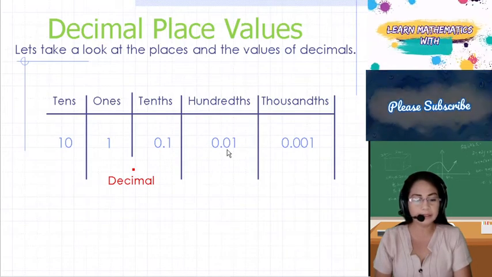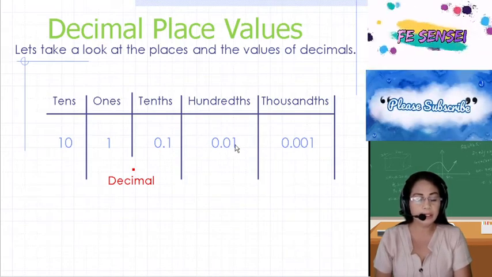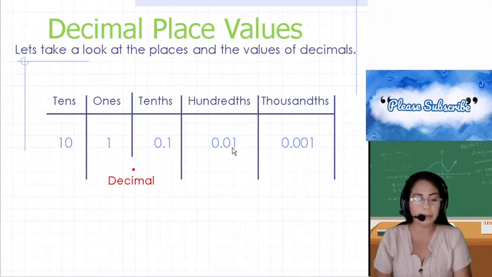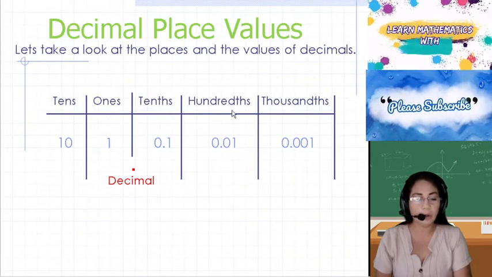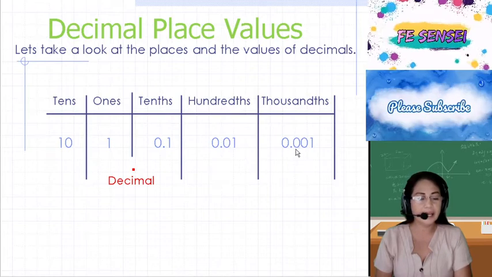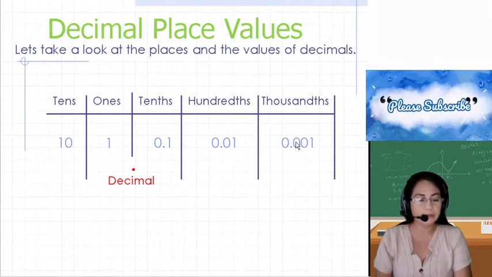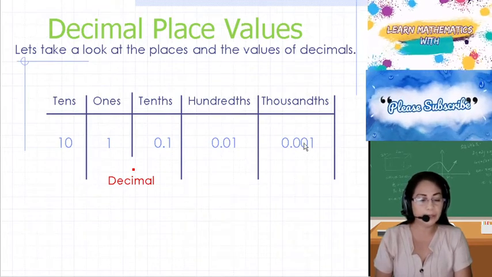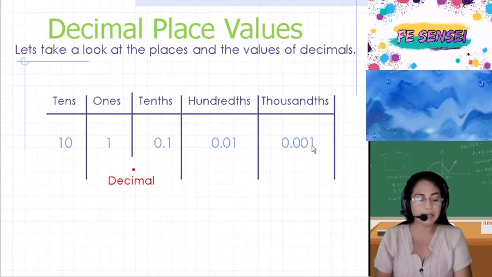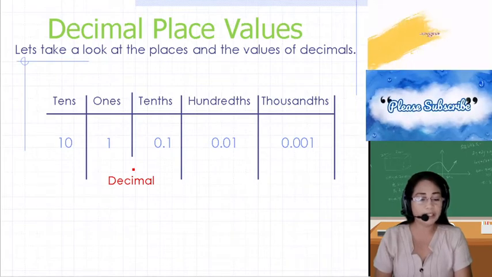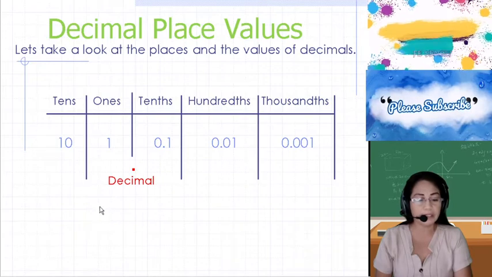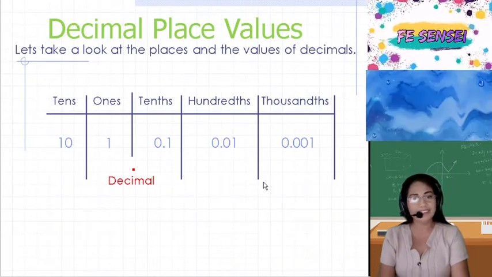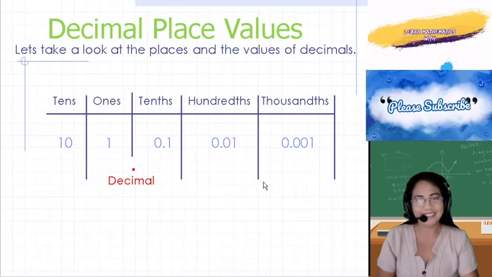Then hundredths: we have 2 digits after the decimal point, and this is called the hundredths place. And thousandths: we have 3 decimal places, or 3 digits after the decimal point. Got it?